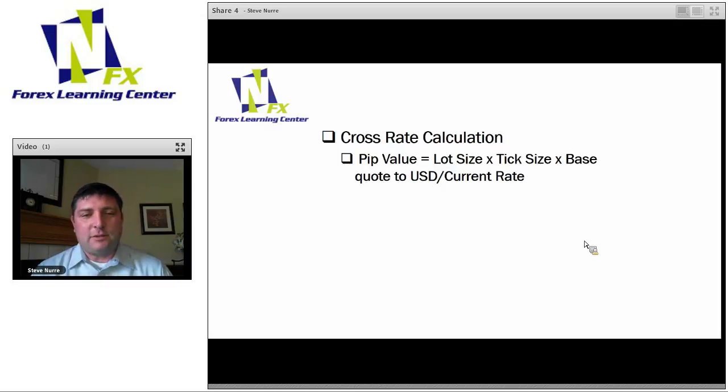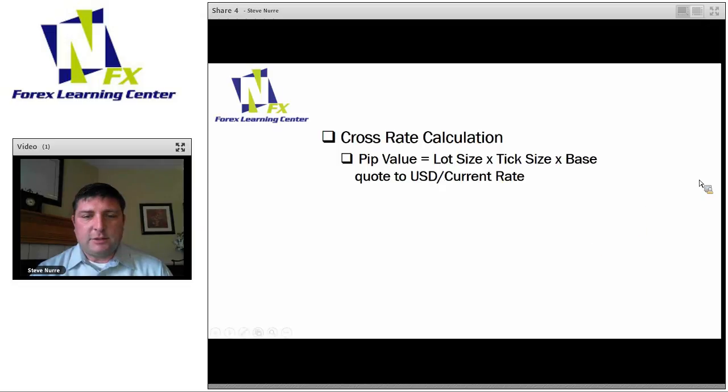For cross rates, we take lot size times tick size, and then we multiply that by the base currency quoted to the US dollar, and then we divide that by the current rate on the actual cross rate itself. Essentially, we have to convert the base currency over to US dollars, and then we're able to divide that out to figure out what our total pip value is.